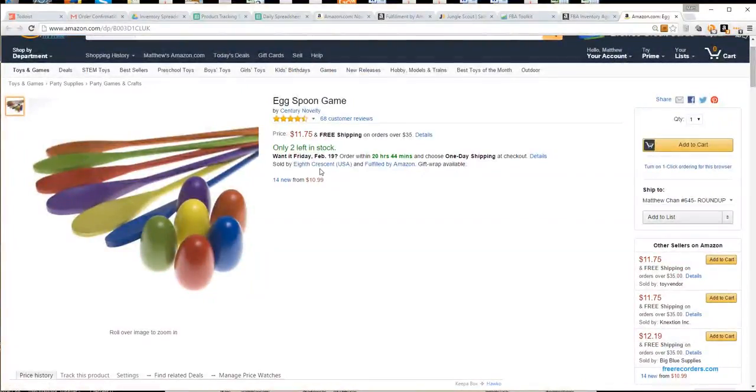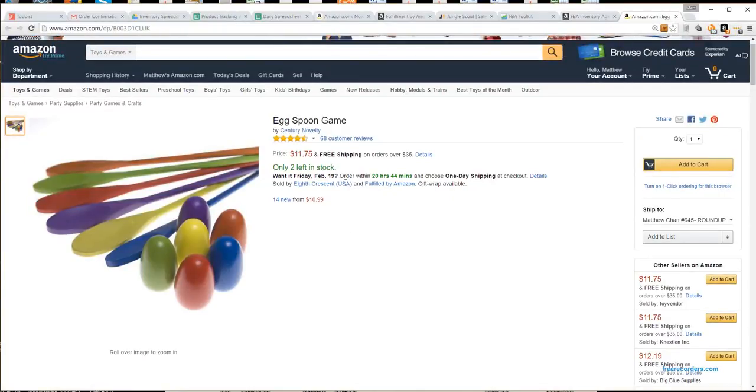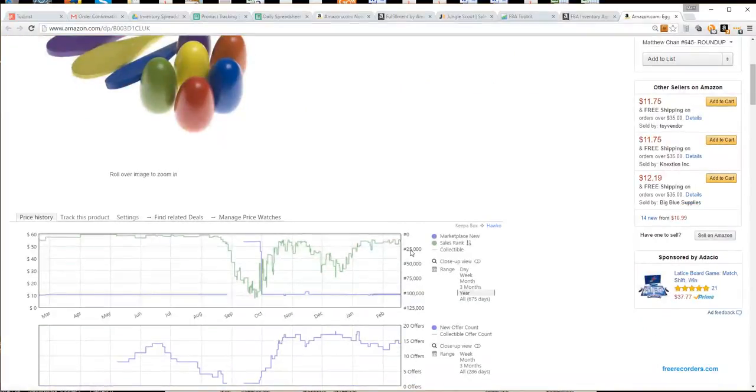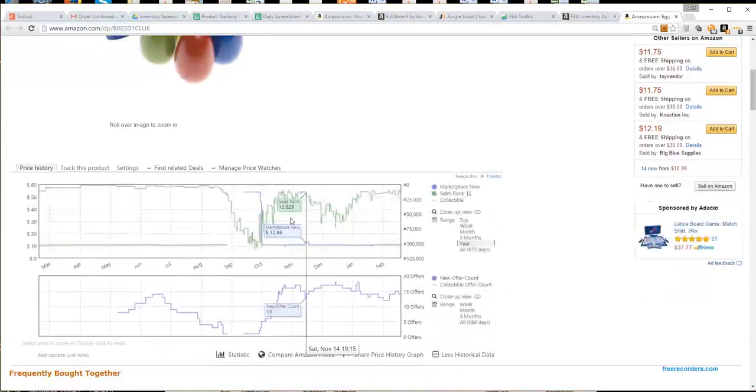My seller name's Eighth Crescent. That's me, and I'm just trying to get rid of it now. I changed the price yesterday to try and get rid of the stock because I've had it sitting there for basically 4 months, and I don't think it's going to sell at a profit, so I'm just going to make a loss on it.